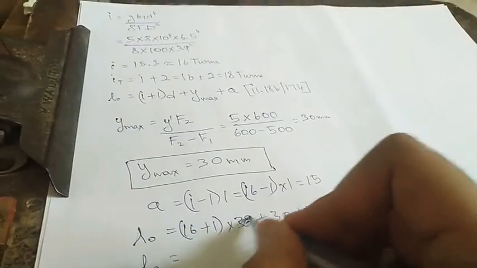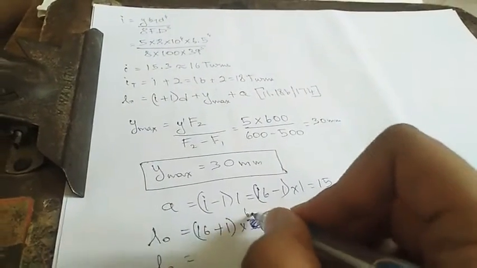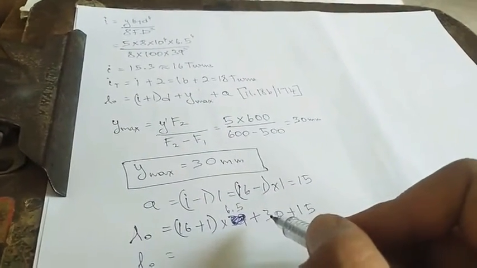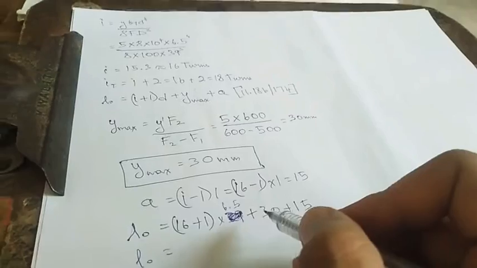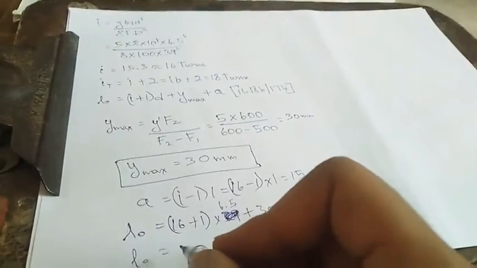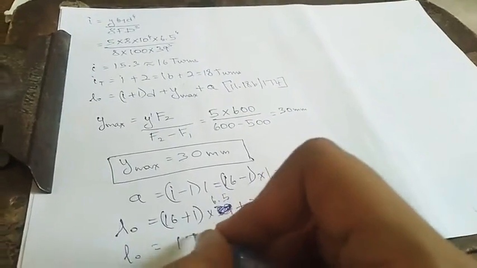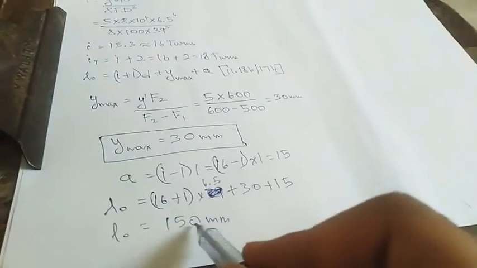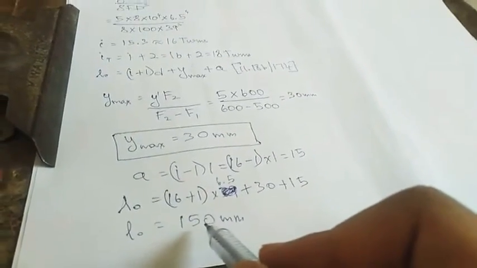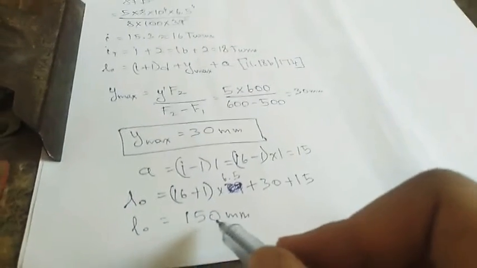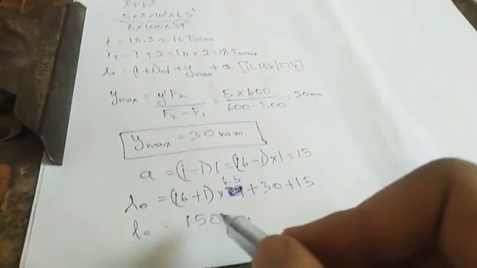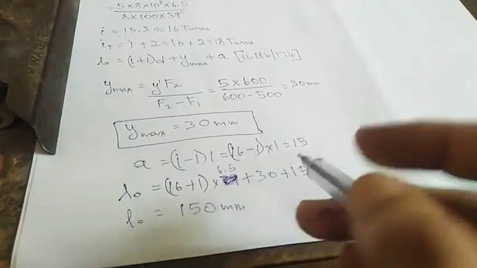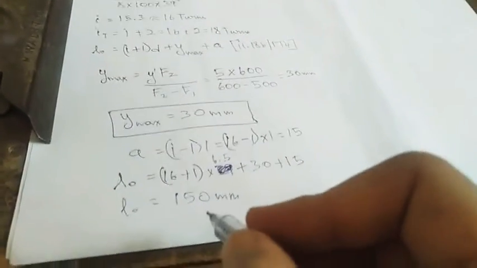So this is 6.5, 6.5 plus 30 plus 15, and we'll get the value of L naught as 150 mm. You may get values near to 150, that is less than 150 or more than 150, like 149, 148 or 151, 152. That is correct, no problem.